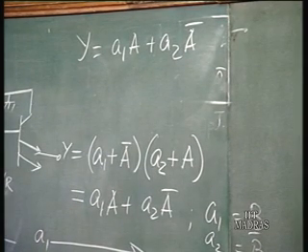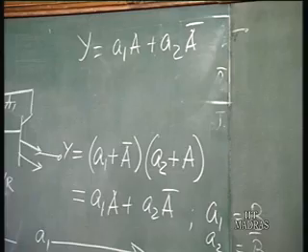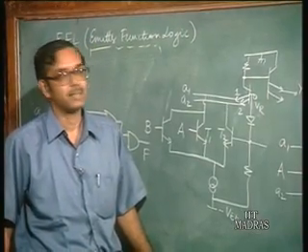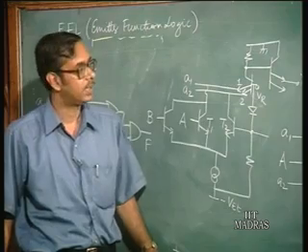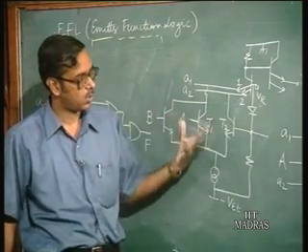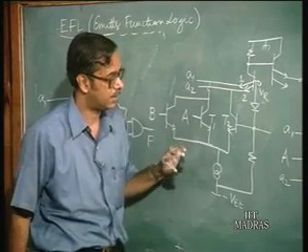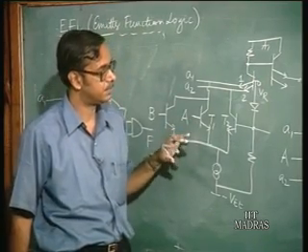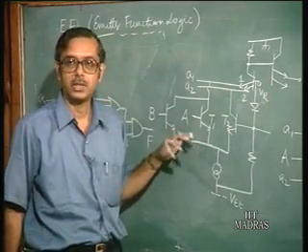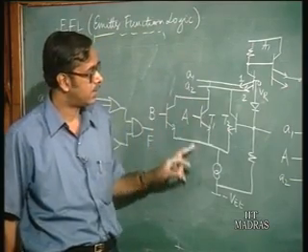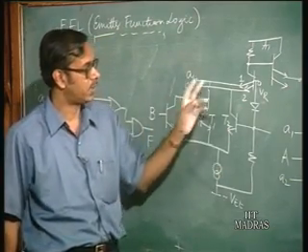Now, in a D flip flop, all right, I think we shall take it up in the next class. That is, we shall see the more complicated circuitry, the D flip flop, for example, how you realize it using EFL, and we shall also see one thing which we have left out, that is the voltage requirements.